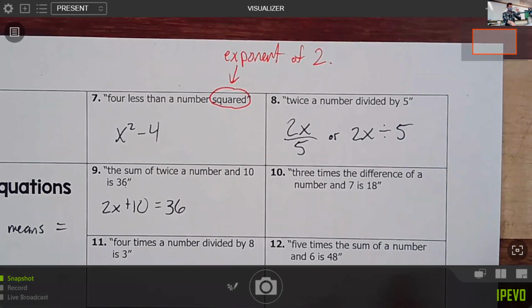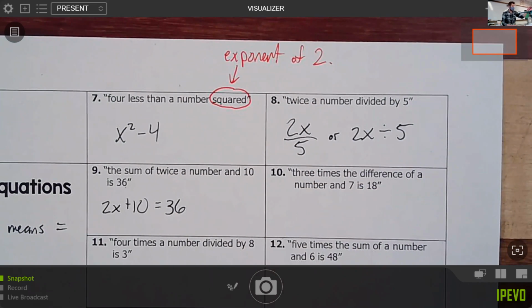I see times. What else do you see? Subtraction. However, the subtraction needs to be written how? It says times the difference of a number. We wrote something very specific when we see those words, times the difference of.